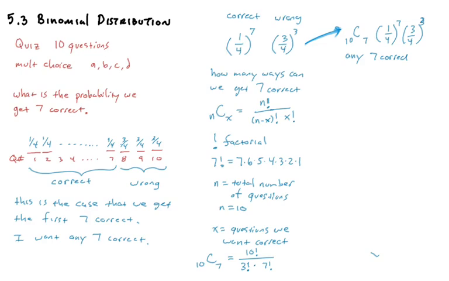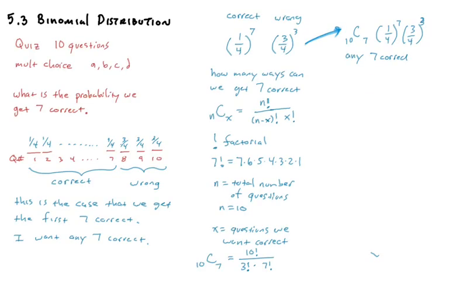This initial piece is going to make it a lot larger. There are a lot of different ways for us to get those 7 questions correct, so we have to account for all of that. And let's introduce some notation here. So we're going to want the probability. Sorry, having a slight issue here.